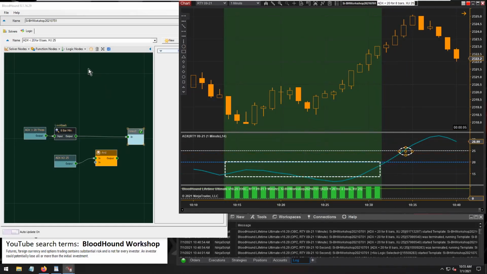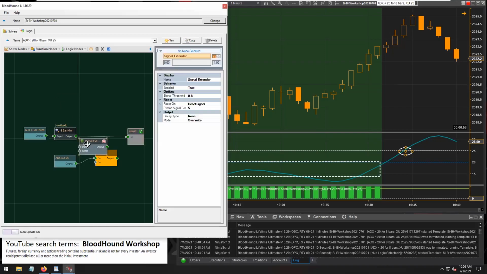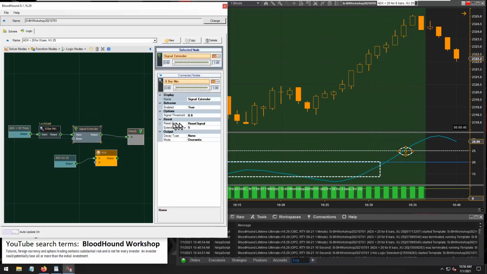And to do that, we can use a signal extender. We don't know how many bars it's going to take for that ADX to go from 20 and cross 25.